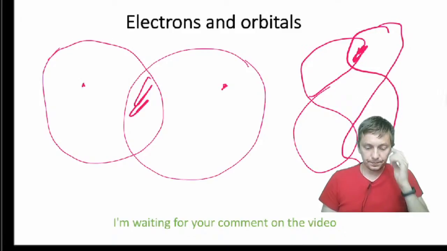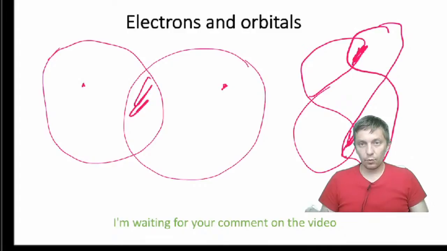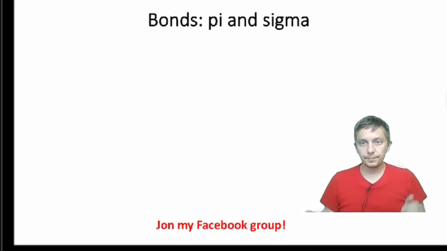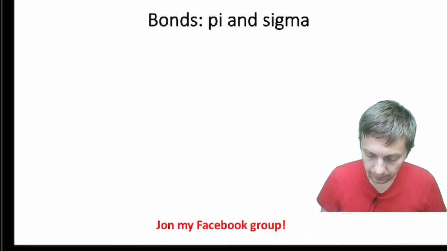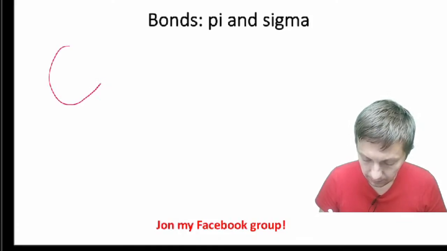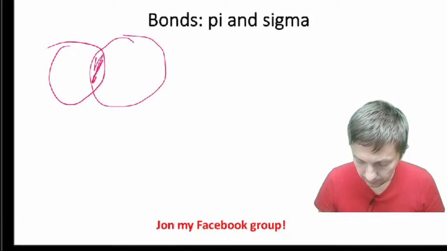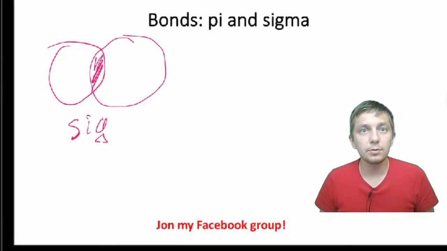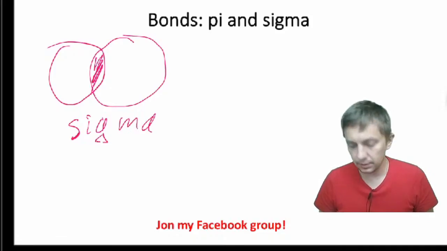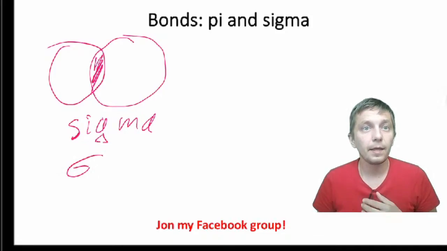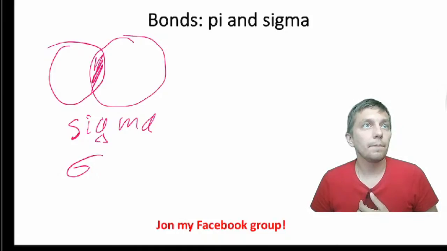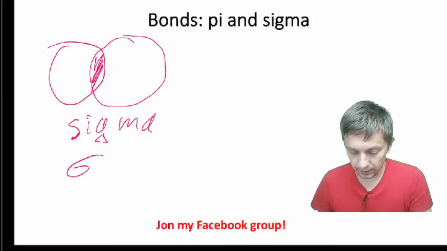But a bond formed directly between atoms, we name a sigma bond. It's sigma. Or sometimes we use a symbol like this, sigma.